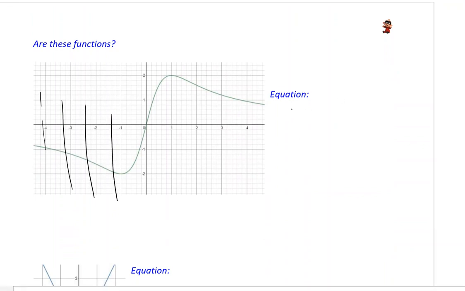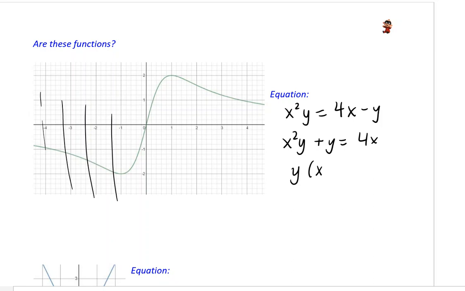The equation for this one is x squared y is equal to 4x minus y. Now, I wouldn't expect you to know that equation from looking at it. Let's see if we can solve it for y equals. Okay, I know it's a function right now. Can solve it for y equals.